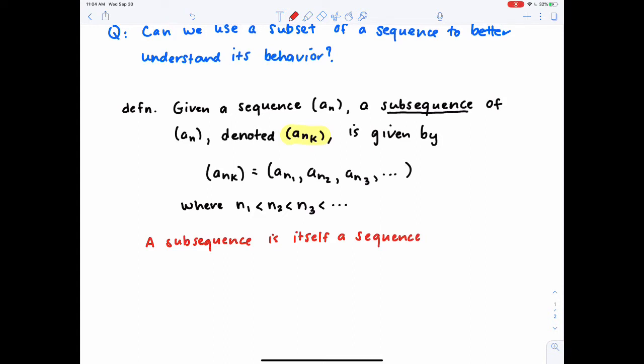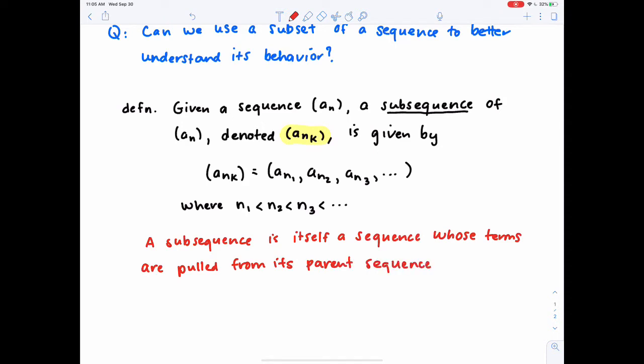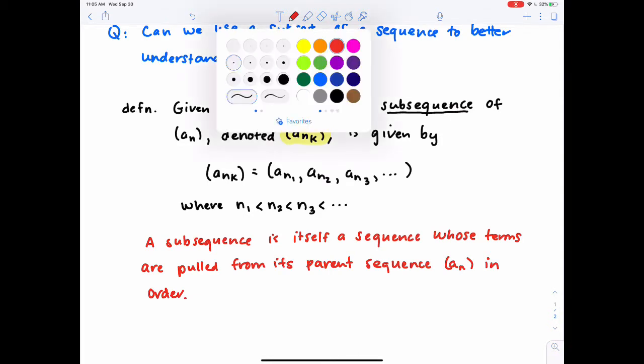And it's just a sequence whose terms are pulled from its parent sequence in order. When I say parent sequence, I mean the original sequence a sub n. So to see what I mean, let's take a look at an example.